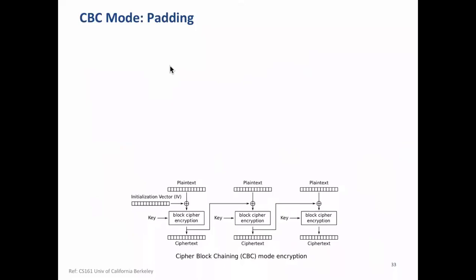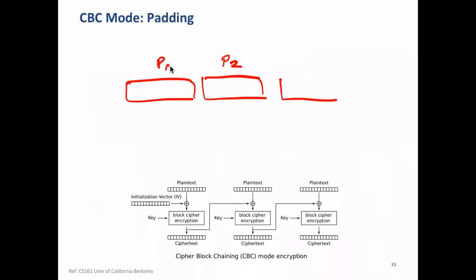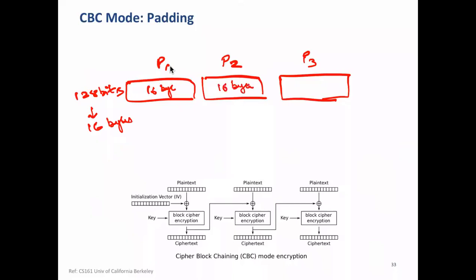To understand the problem, some blocks are known. Say P1 is 128, P2 is 128. Let's assume P3 is 128, and 128 bits means how many bytes? 16 bytes, right? So this is 16 bytes. This is 16 bytes. Let's assume this is 13 bytes only.